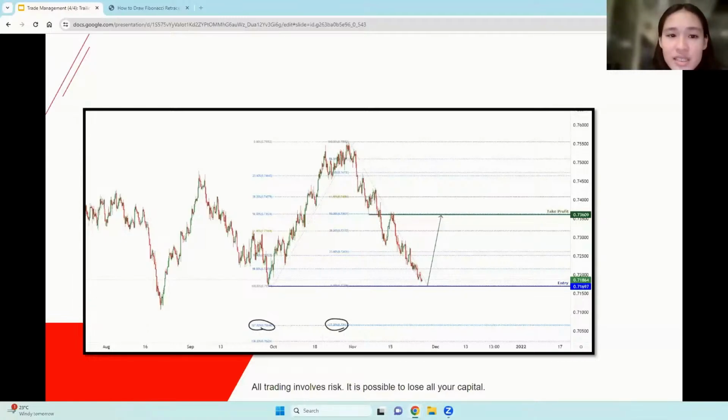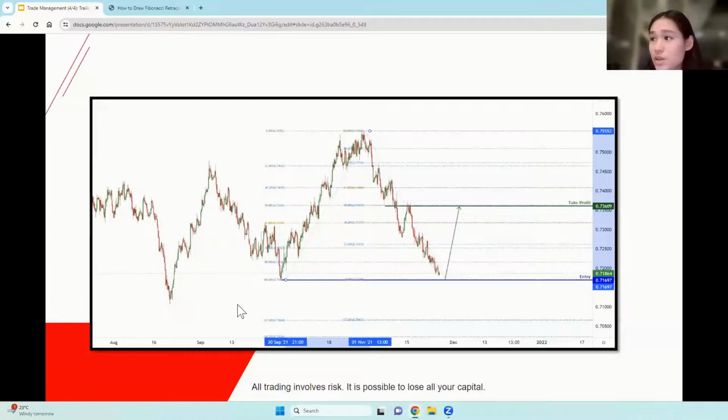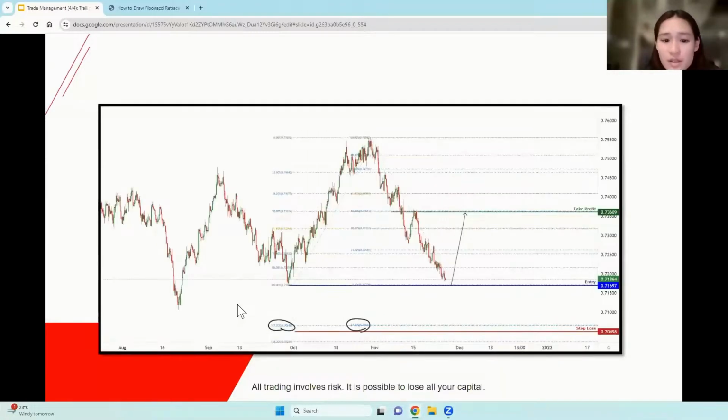I'll show you guys in a little bit during our live analysis session how you can obtain these levels. For now, just look at these levels and see how they're aligning. That's basically giving us a Fibonacci confluence area.